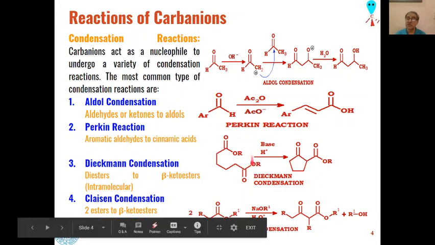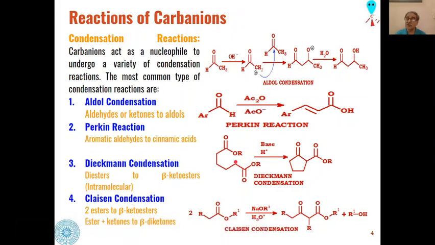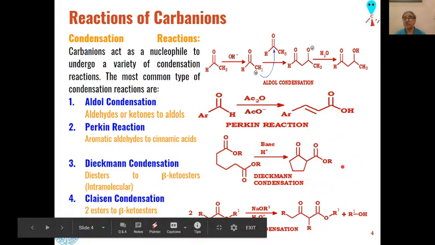This being a symmetrical diester, the carbanion can be generated at either place. If the carbanion is generated at this carbon, it will attack this carbonyl, OR will be eliminated and cyclization will take place, and we will get these types of beta keto esters as the product.